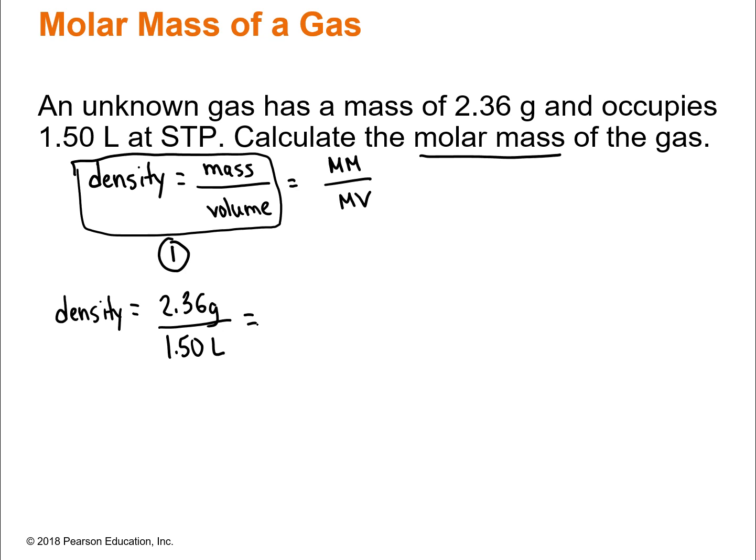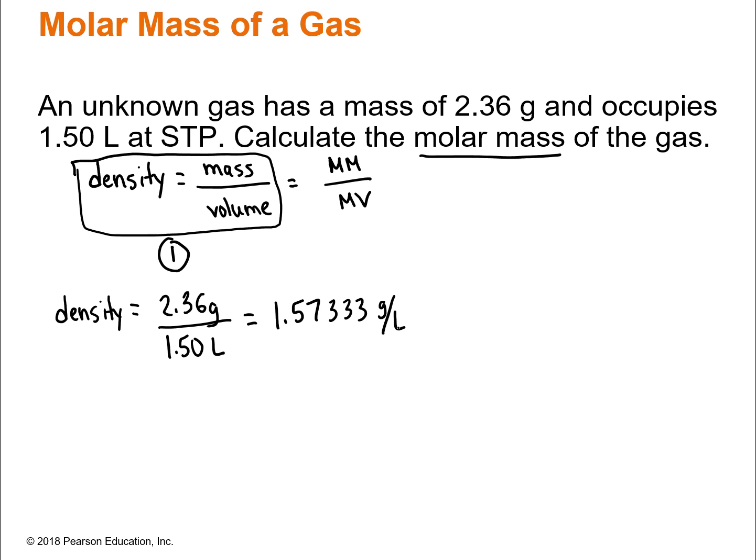When you do that, you should get a density something like that. Now, I didn't round this answer simply because this isn't the end. So I want to keep a few extra digits. So this is the density of the gas. The question is asking about molar mass, though.